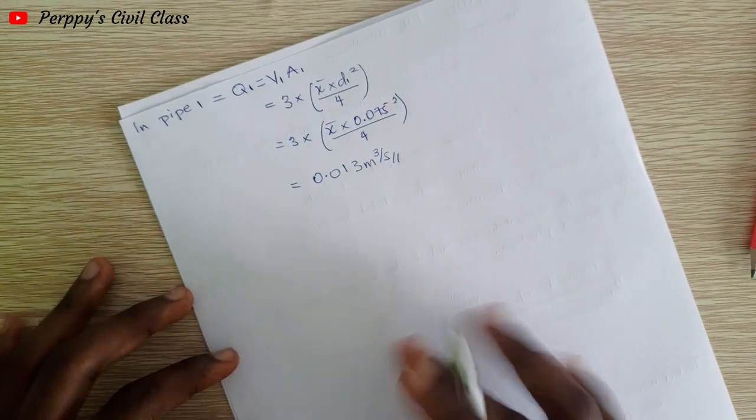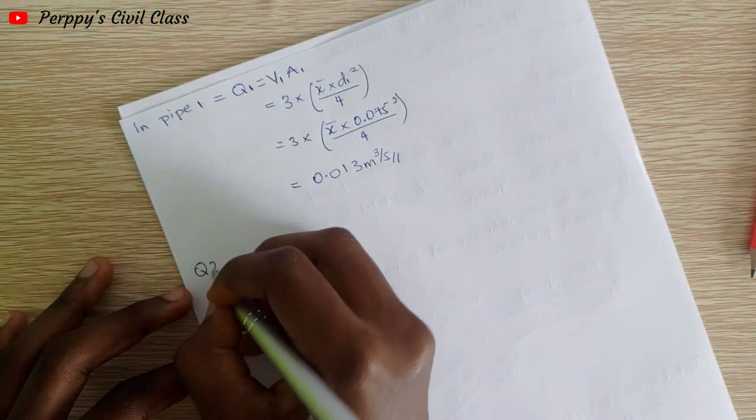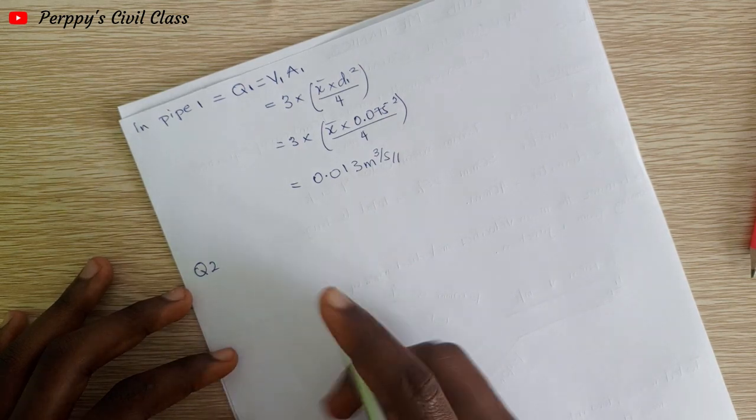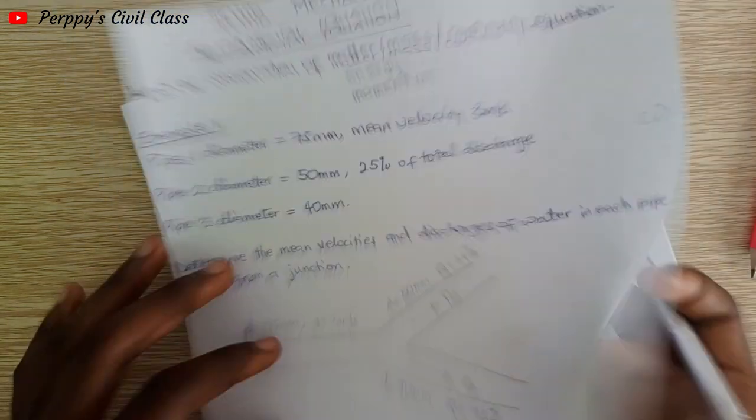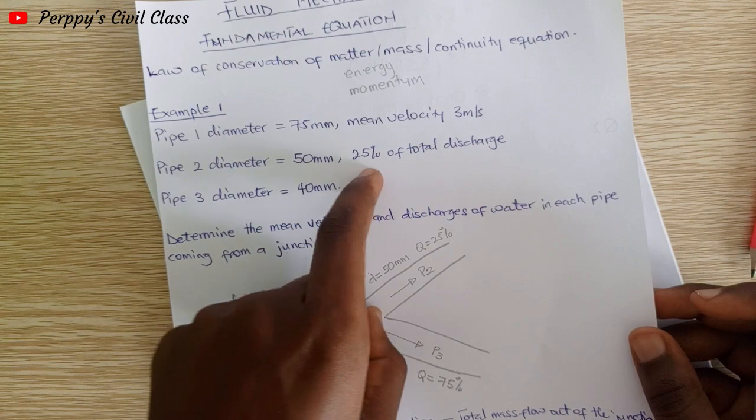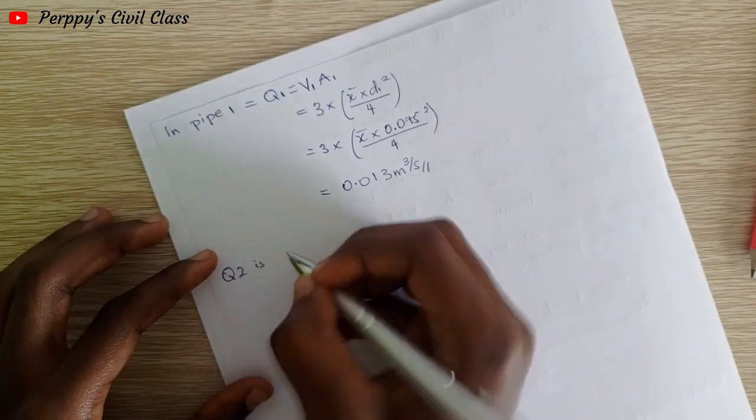Now we have to find our discharge for Q2, but Q2 is 25% of the total discharge.